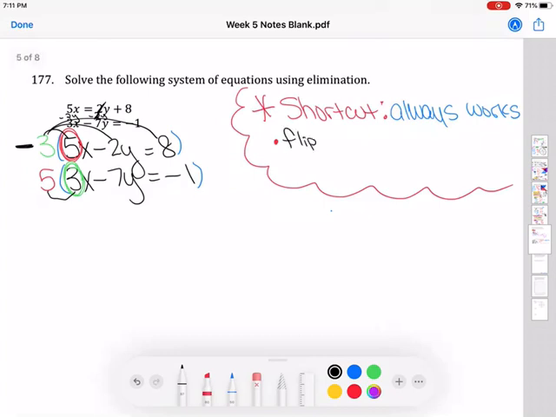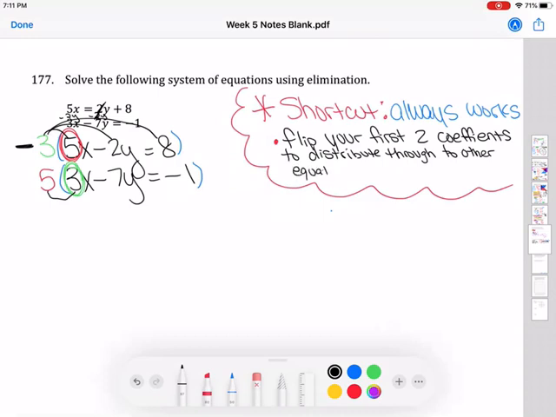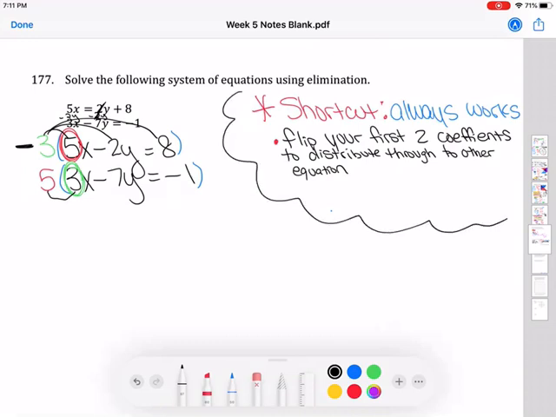So your shortcut is to flip your first 2 coefficients, which is the number in front of the x. When I say flip them, I mean to do this thing right here where the 3 goes there and the 5 goes there. It's kind of hard to put into words, which is why I wanted to show you first.